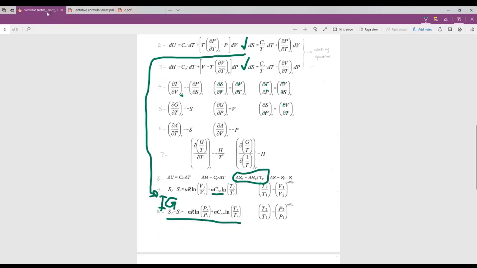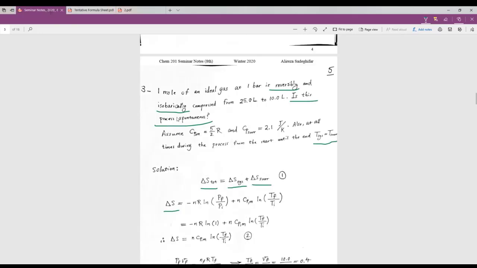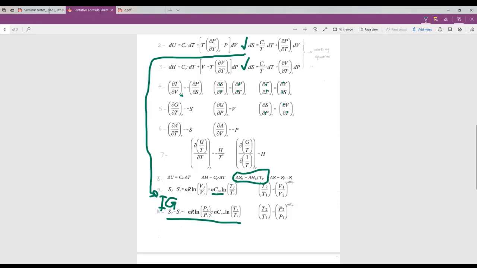Because the process is isobaric, we already know that P final is equal to P initial, so we already know this ratio. Isobaric means constant pressure.